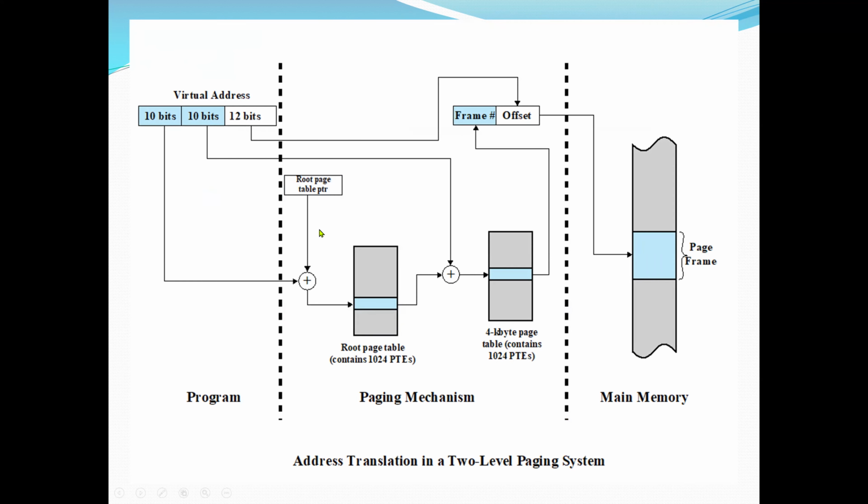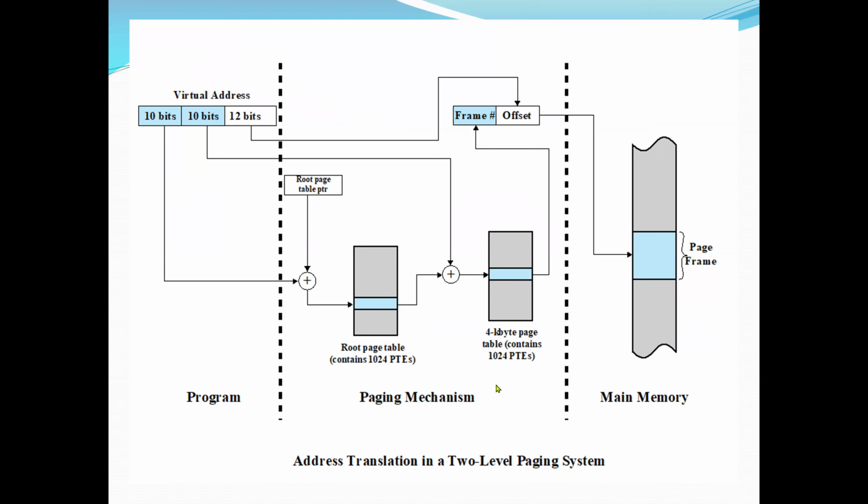Also, this diagram shows the steps involved in address translation for a two-level paging system. The root page always remains in main memory. The first 10 bits of a virtual address are used to index the root page to find the PTE, the page table entry, for a page of the user page table.